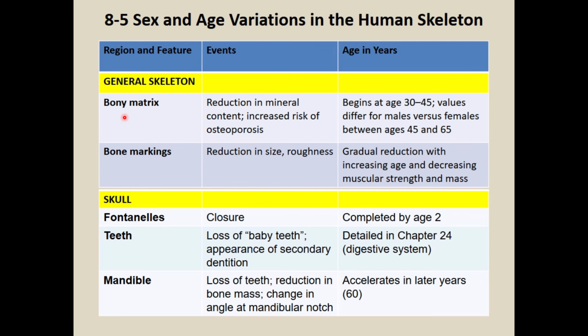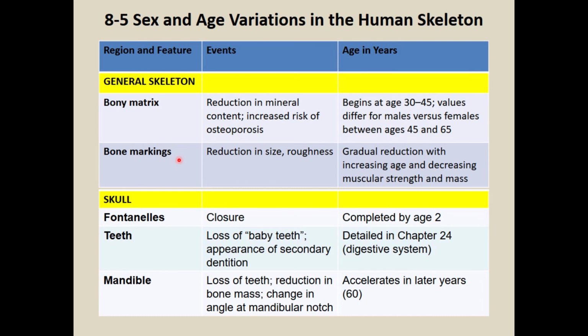It roughly starts around age 35, and it's a lot more in women than men. About 1/3 of women and 1/5 of men will have osteoporosis by age 60, 65.